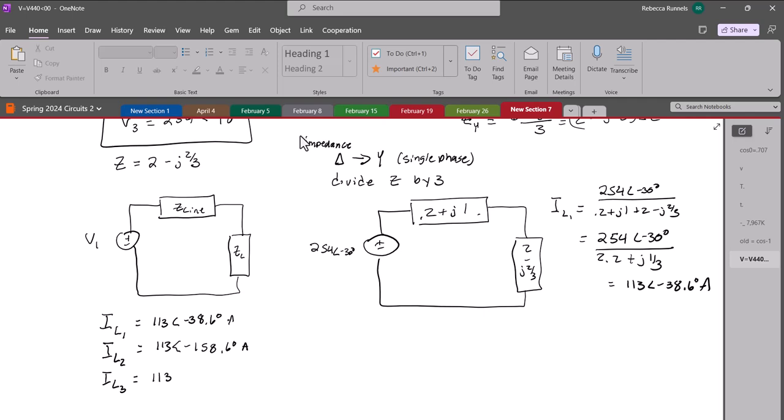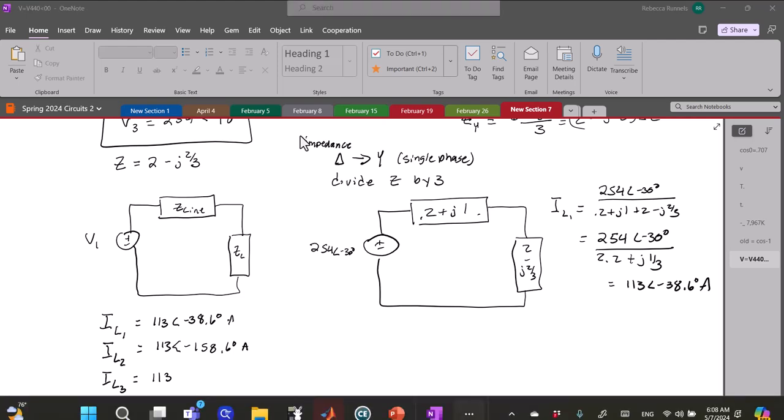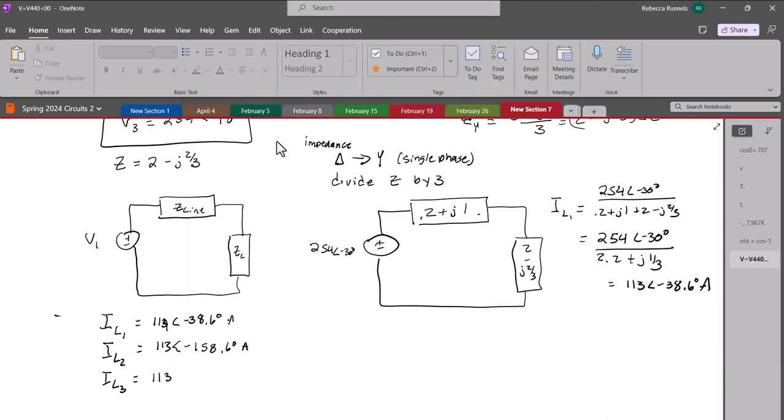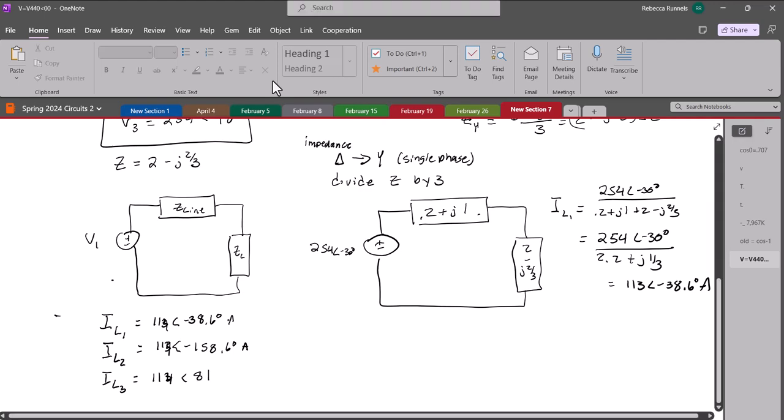And line 3, was that 113 or 114? I think I copied it wrong. And then line 3 will be 120 degrees more, which would make it angle 81.4 degrees.